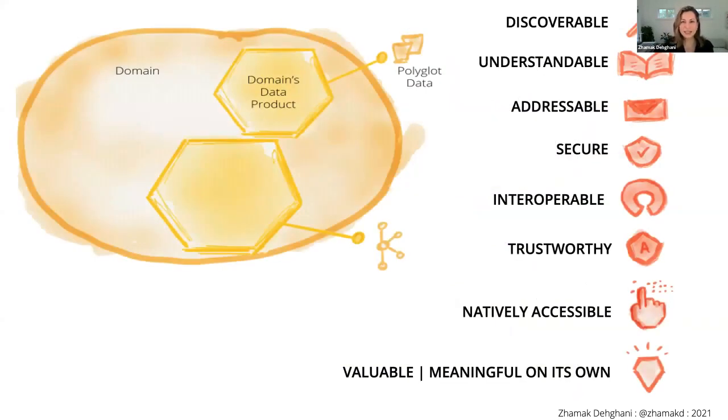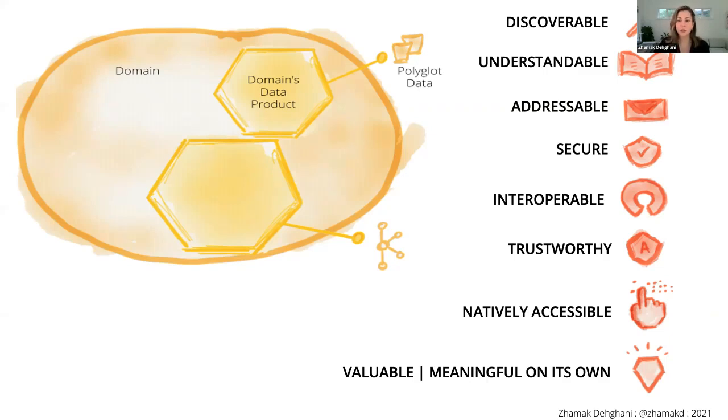So what is this hexagon? What is this data product? Well, again, if you look outside in, before jumping into the mechanical bits in it, it's a thing that needs to have these characteristics to be a product. It has to be easily discoverable, independently understandable, have good documentation, has to be addressable, right?